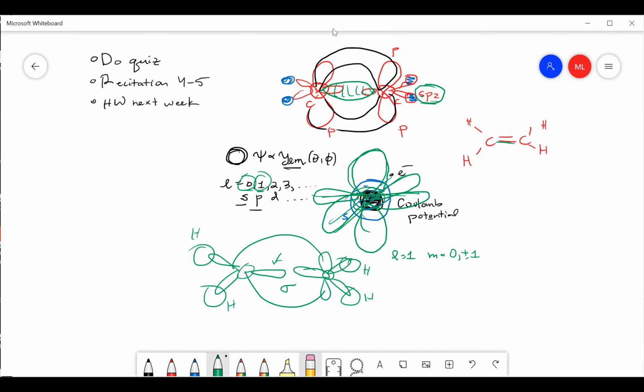If you have a spherically symmetric potential, which is what you have with a single atomic center and an electron, then your solutions are given by functions proportional to spherical harmonics, because those diagonalize the angular momentum. For a spherically symmetric potential, your kinetic energy is just going to be the angular momentum operator squared, the angular piece of it.